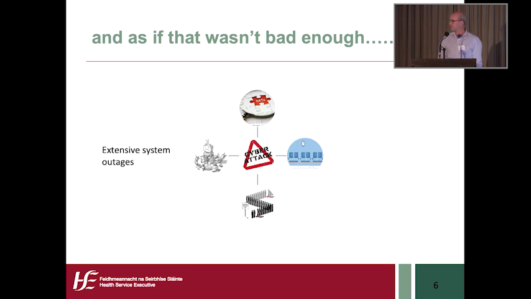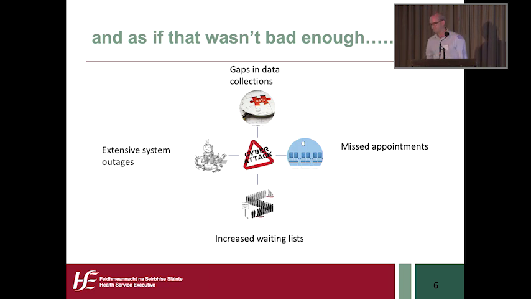So extensive system outages, including gaps in data collections, most of which I think are filled at this stage. But because we had missed appointments, it was quite difficult for us to tell where we had a data gap and where there was actually a gap in the service. And yet again, waiting lists.